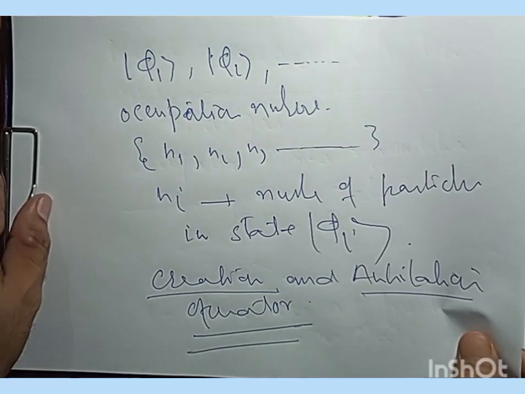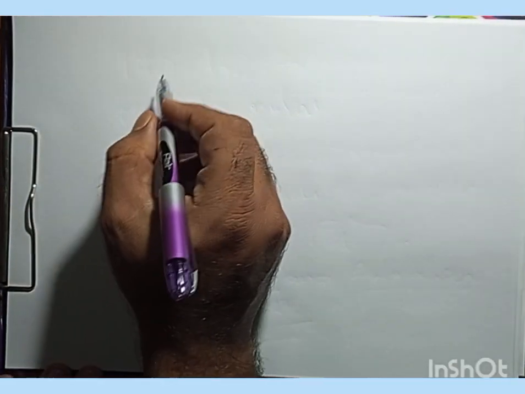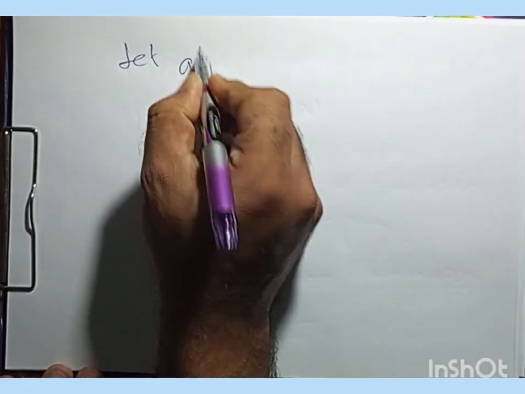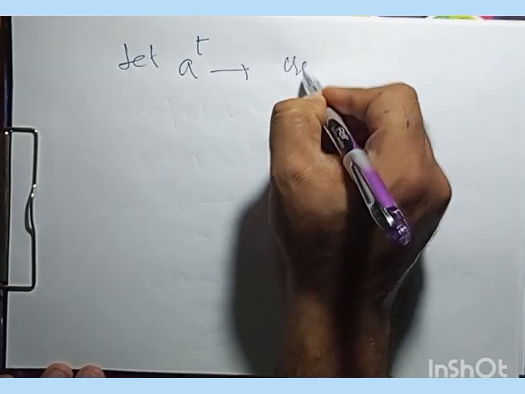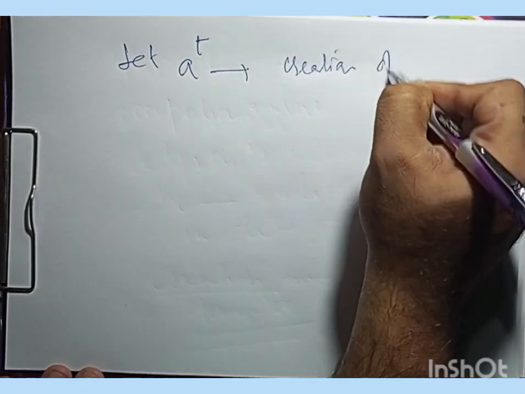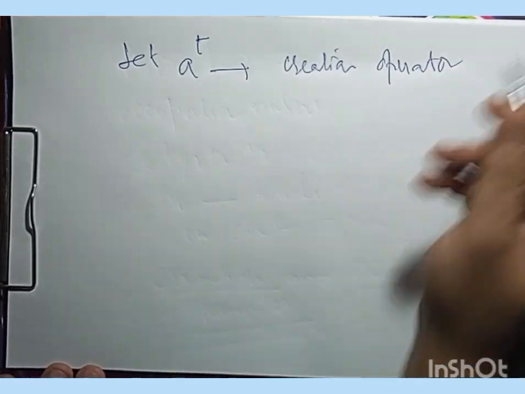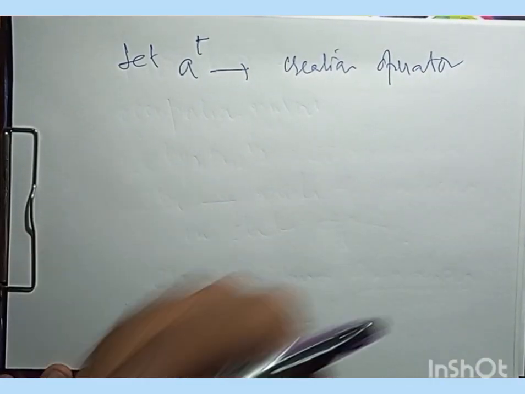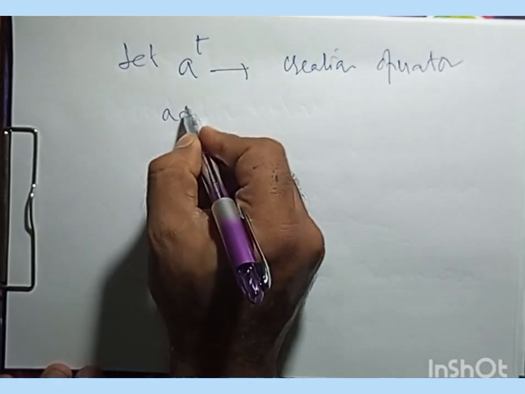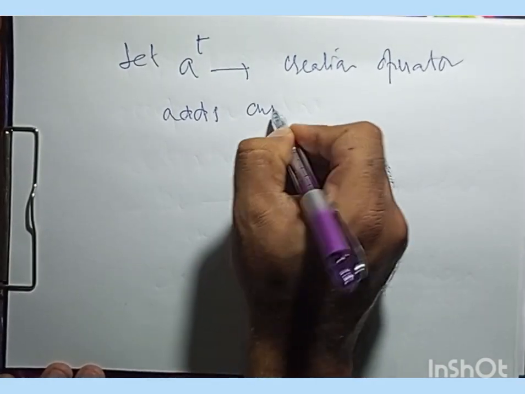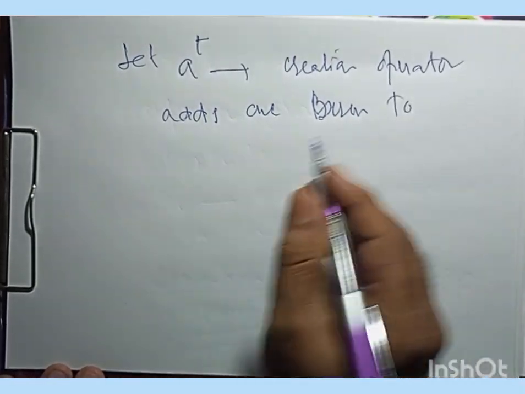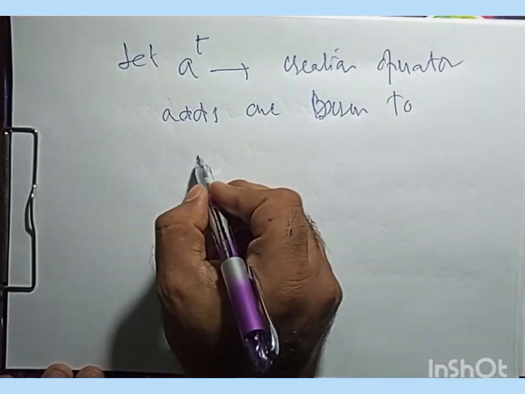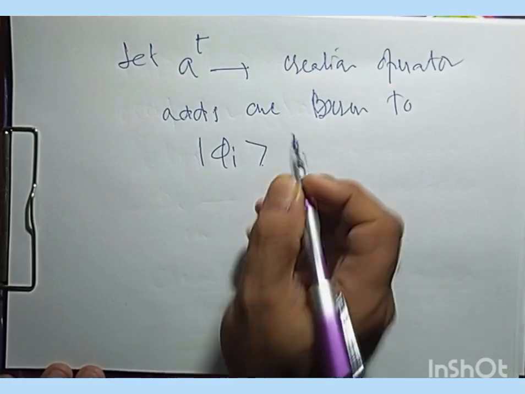Let me assume that a dagger is a creation operator that adds one boson to the state that I have defined, the state phi i.